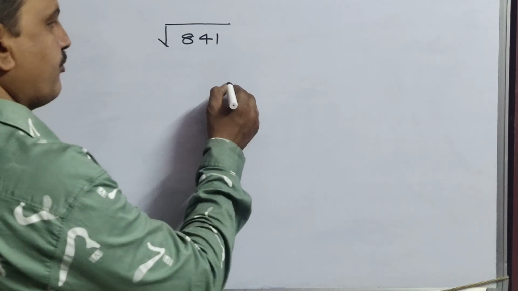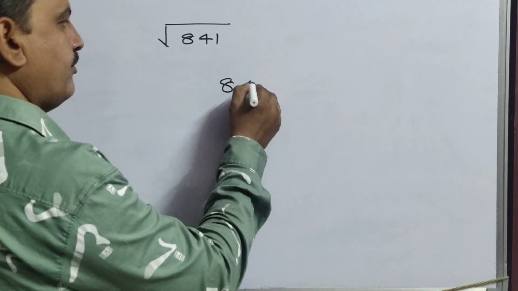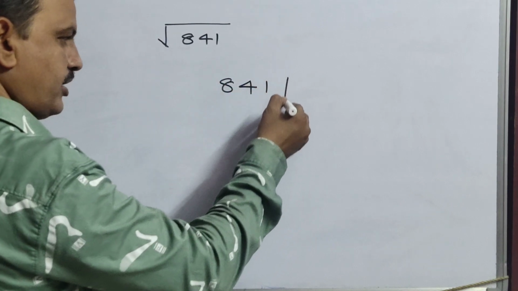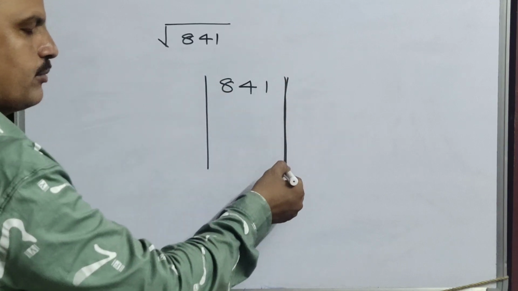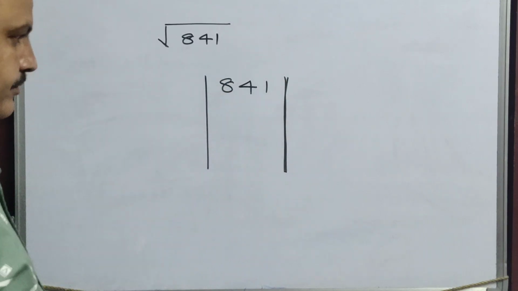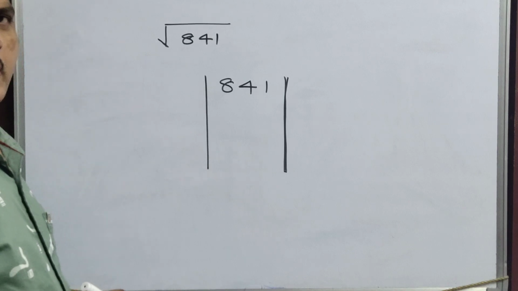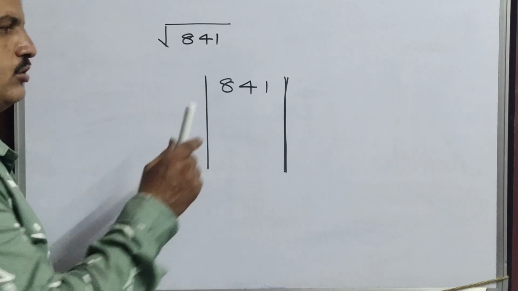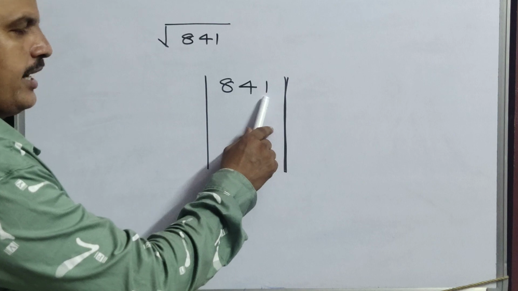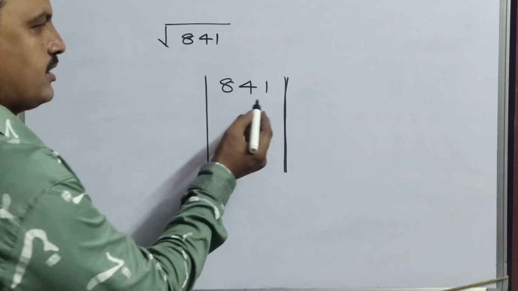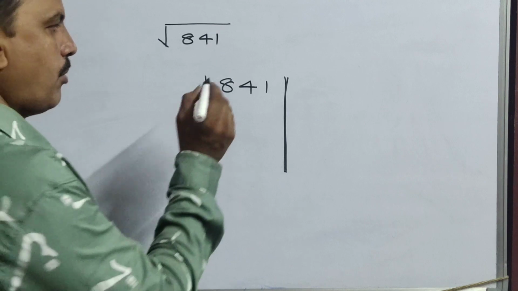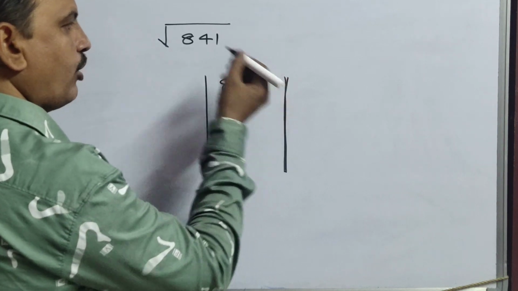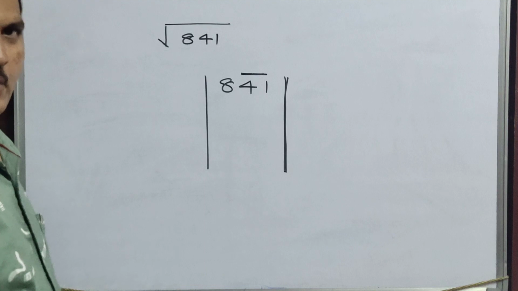Now listen very carefully. 841. First you have to draw 2 lines on both sides. That is called the division model. Next, from right to left, on every 2 digits you have to apply the bar. That means on 41 apply the bar.